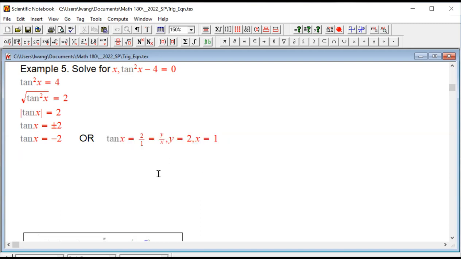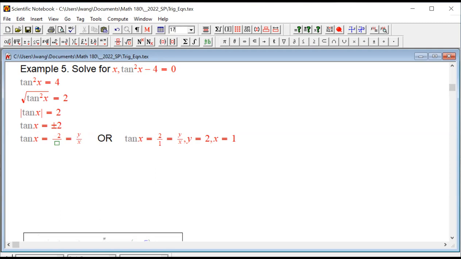So you can draw the unit circle. You can draw a rectangular system accordingly. Now let's identify the terminal, because there's also this negative 2 here. For the negative 2, according to y over x, you get negative 2.